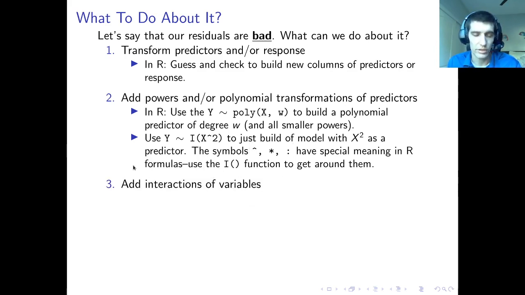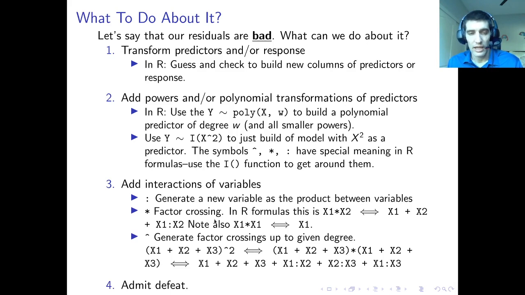So these are special ways to do transformations in R. Interactions of variables are another thing. We're going to have a dedicated lecture on this, but these powers and multiplication and colon signs are all related to what are called interactions of variables. The idea is that you generate a new variable as the product between variables.